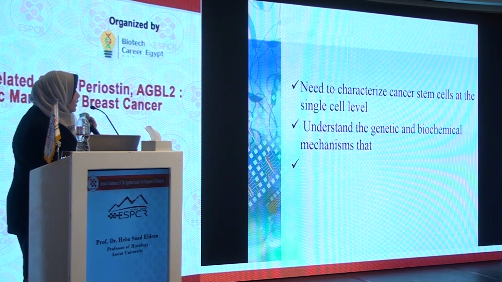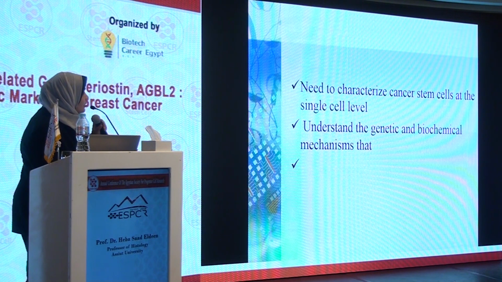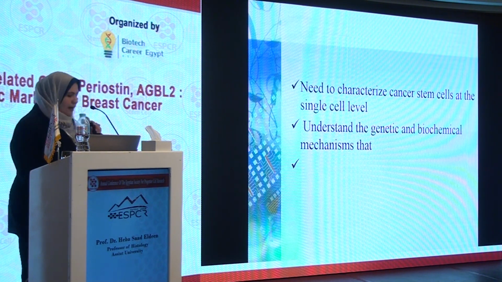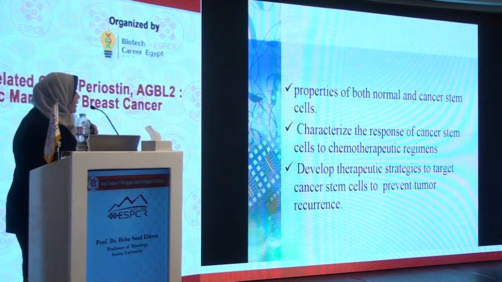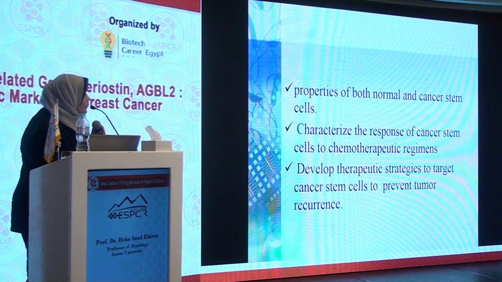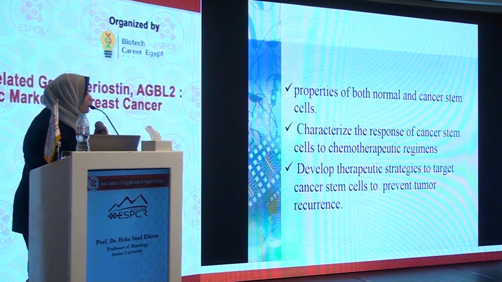Several authors previously tried to characterize cancer stem cells at the single-cell level, and to understand the genetic and biochemical mechanisms and properties of both normal and cancer stem cells. Others tried to characterize the response of cancer stem cells to chemotherapeutics, and others tried to develop therapeutic strategies.